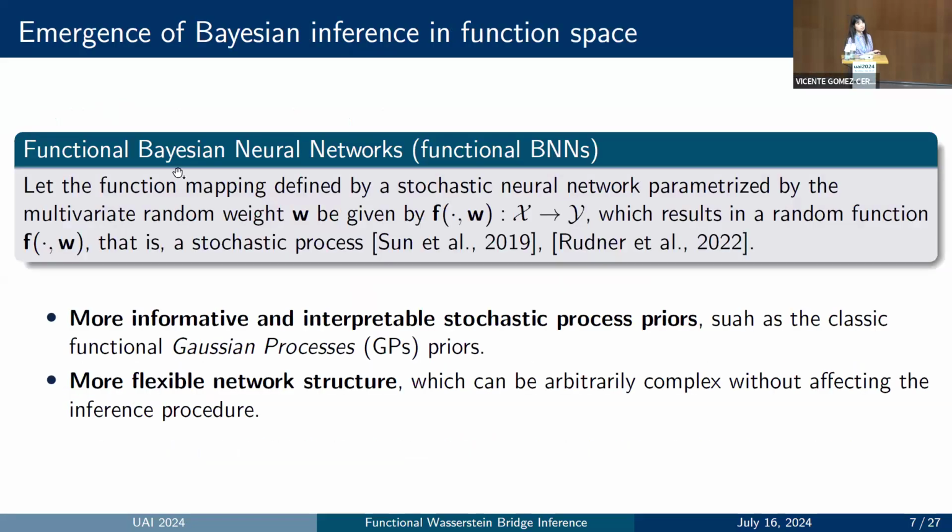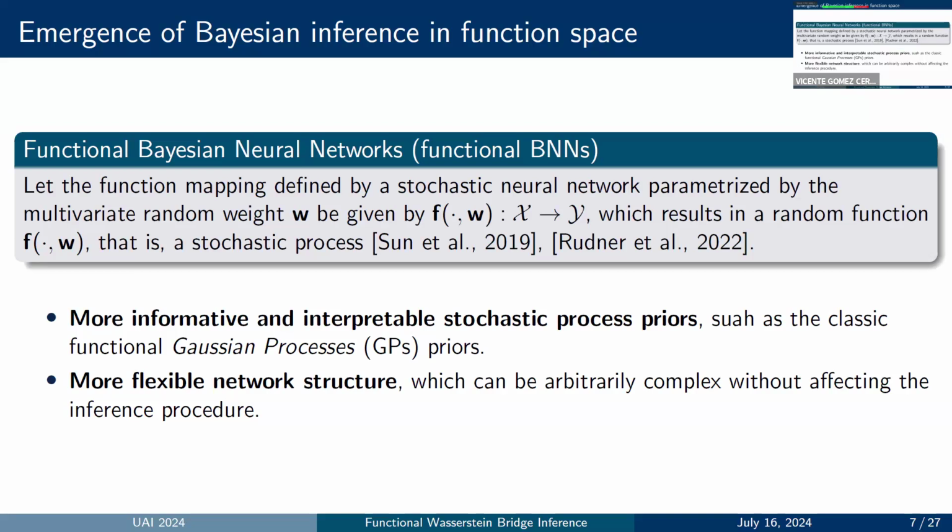To avoid those issues, there has been increasing attention on performing Bayesian inference in function space instead of parameter space. In such an inference framework, the distributions of the random function mappings defined by our BDL models are treated as probability measures defined in the function space, and the variational objective is defined in terms of the distributions over functions directly.